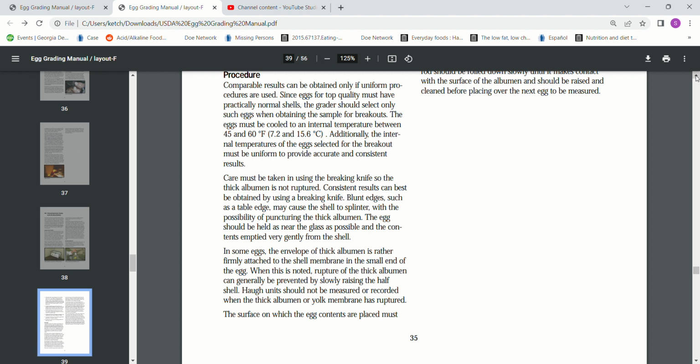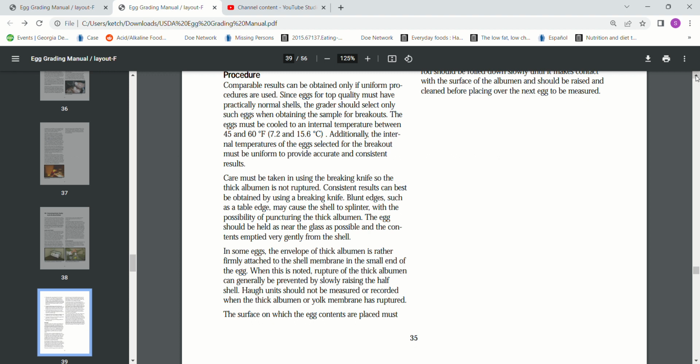In some eggs, the envelope of thick albumen is rather firmly attached to the shell membrane in the small end of the egg. When this is noted, rupture of the thick albumen can generally be prevented by slowly raising the half shell. Haugh units should not be measured or recorded when the thick albumen or yolk membrane has ruptured.